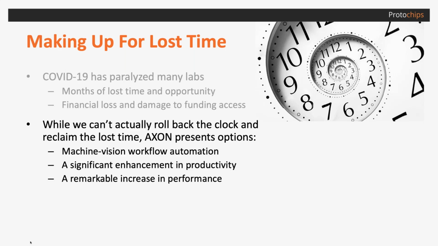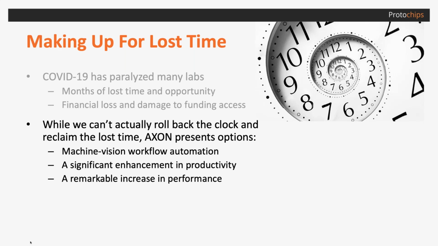But when we get back, even though we can't roll back the clock and reclaim all that instantly, I think AXON presents some very interesting options to our customers. That machine vision workflow system makes you far more productive. That means that whatever you would have done in those last months that you were off, you'll do in a fraction of the time. So you actually will be able to catch up a bit.